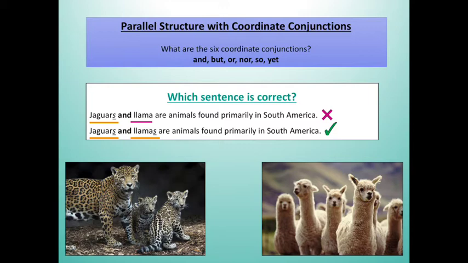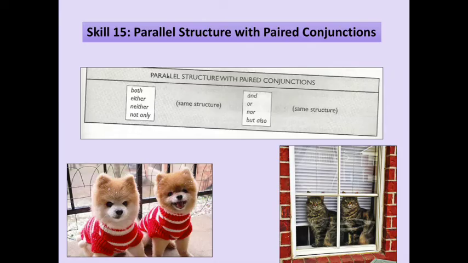Look at the structures that are being connected. In the first sentence, you have a plural noun, jaguars, and then a singular noun, llama. In the second sentence, you have a plural noun, jaguars, and then another plural noun, llamas. So, here we have parallel structure.